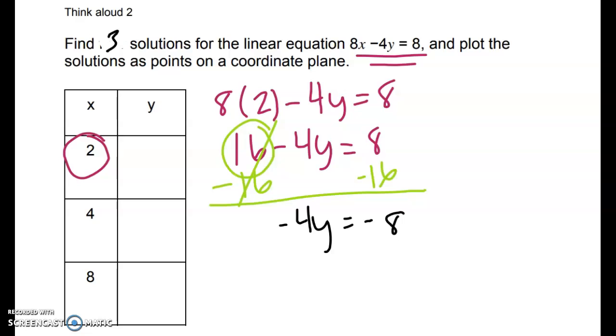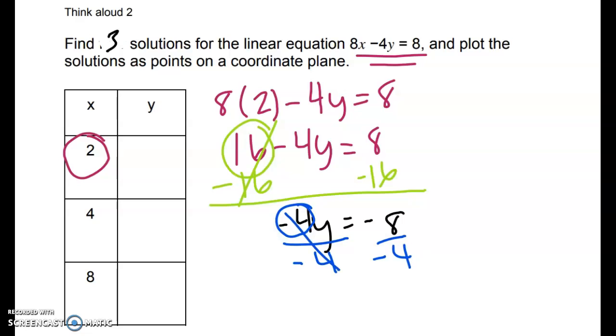Remember, my goal is to get y by itself. So I know if I have a negative 4 next to a y, those are multiplying. The inverse operation of multiply is to divide. I'm going to be dividing by this negative 4 because I want to cancel it out. So I'm going to be dividing by negative 4 on each side.